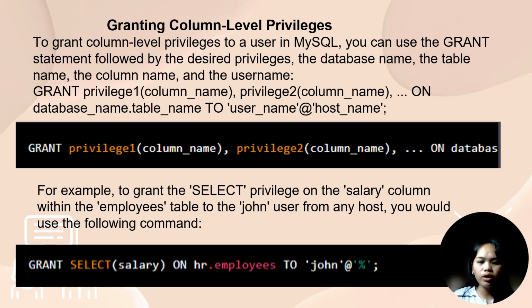What we're going to use here is the same as before: the grant command, followed by the privileges you want to grant, and the column name. As an example, grant select salary on HR employees to John. So this is the very simple basic syntax for granting column level privileges.